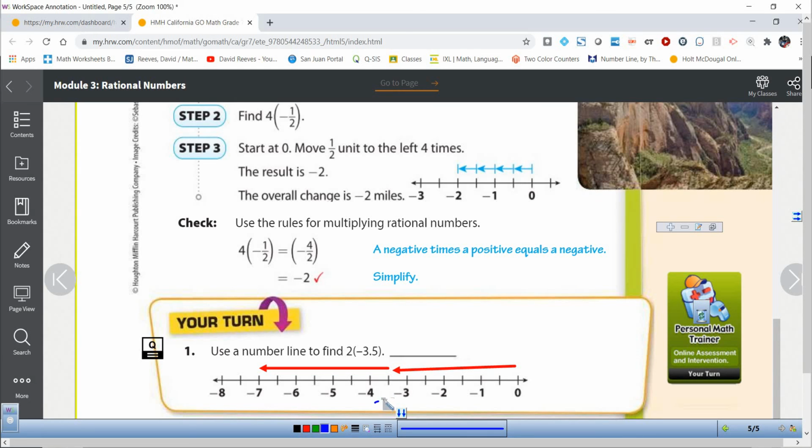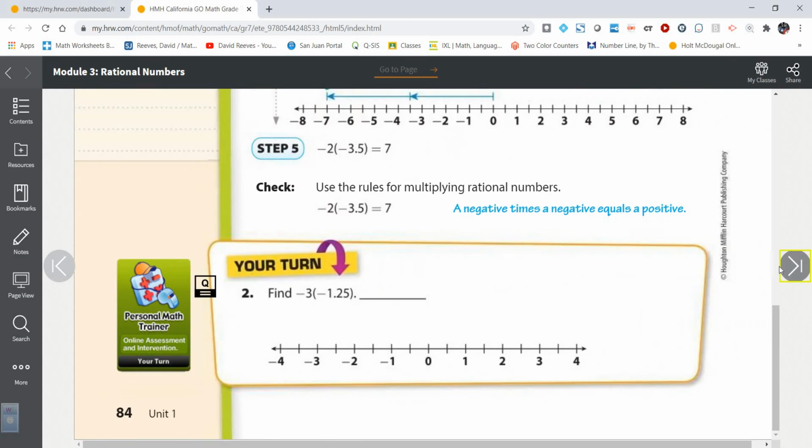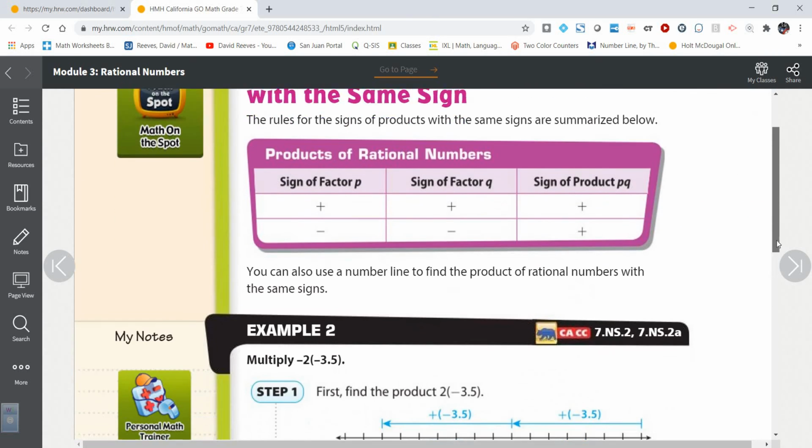Because right here again is negative 3.5. And then if I went another negative 3.5, that would put me at negative 7, okay? So negative 7. Positive times a negative is a negative. 2 negative 3.5s got me to negative 7. So that's an example of doing it on the number line.